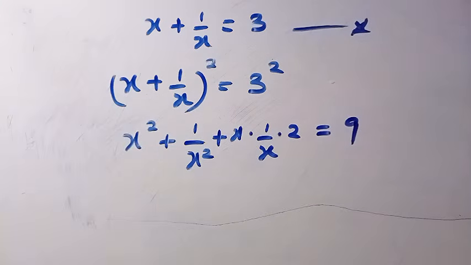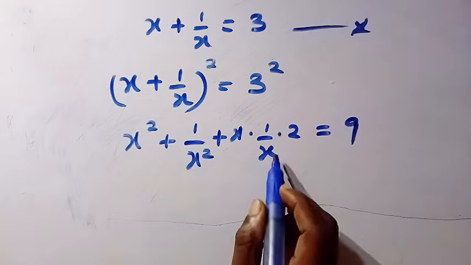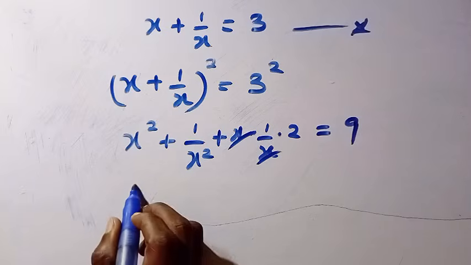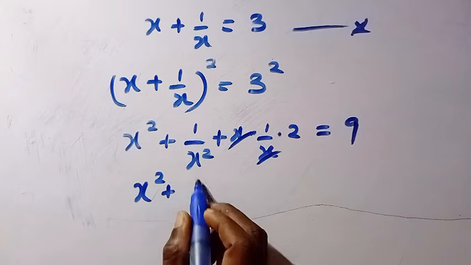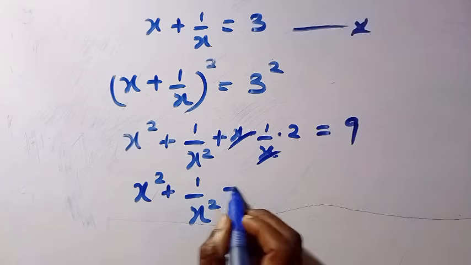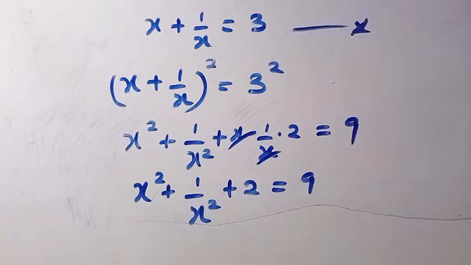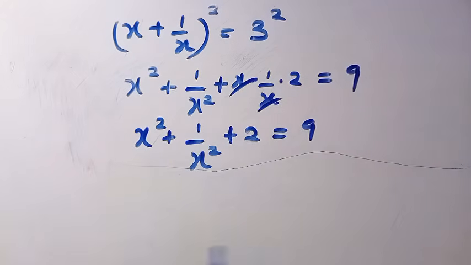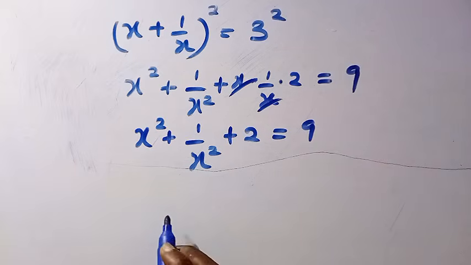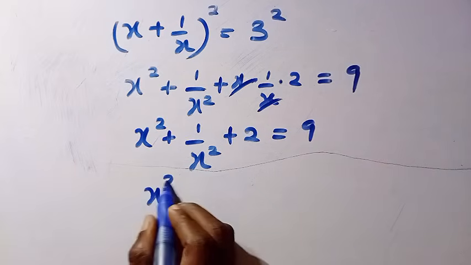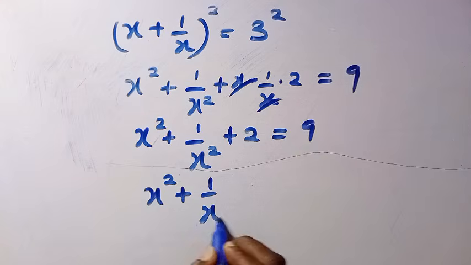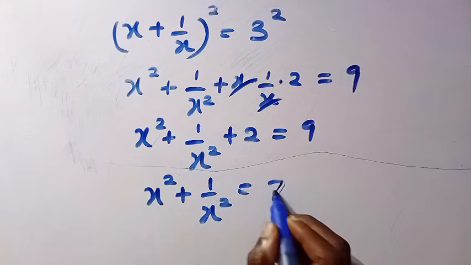The x cancels, and this is x squared plus 1 over x squared plus 2 equals 9. To get x squared plus 1 over x squared, we take 2 to the other side, and we have x squared plus 1 over x squared equals 7.